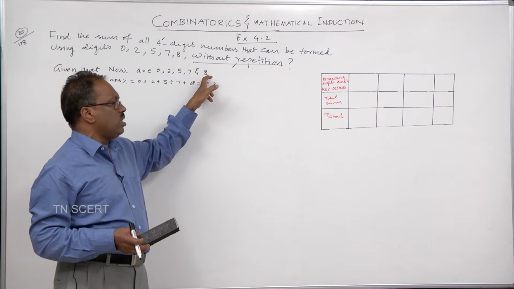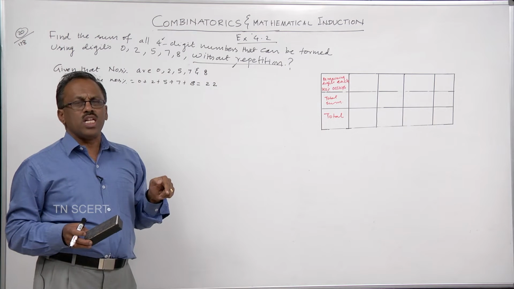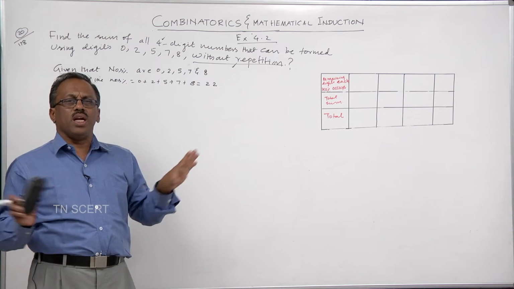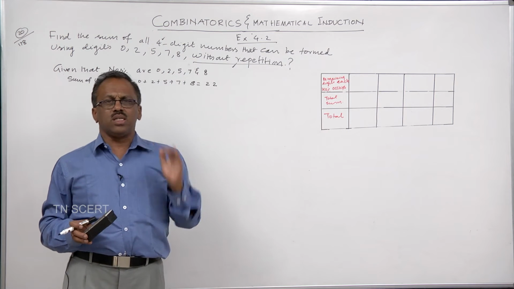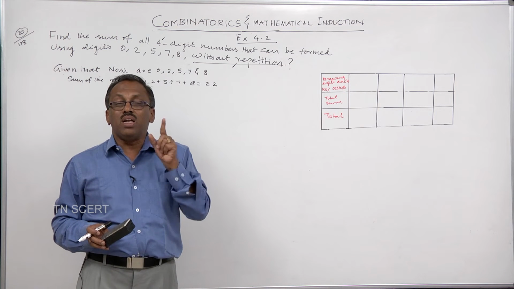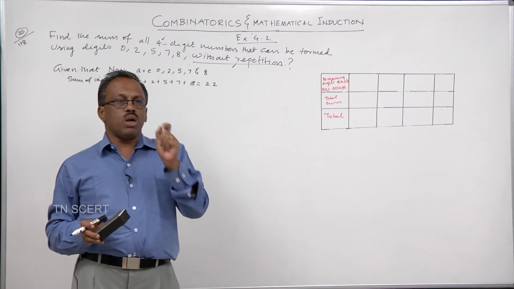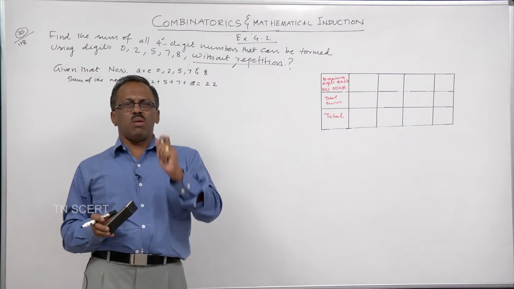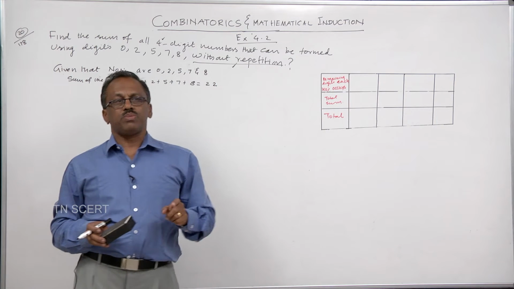If I allocate 8 to the unit place, obviously the remaining 4 numbers are to be allocated to the tens place. Once I allocate 5, that should be omitted, and the remaining numbers are given to the next digit. Without repetition means once you fix a number, we cannot give the same number to another digit. That is the main condition for this problem.